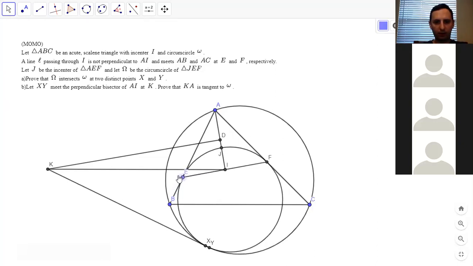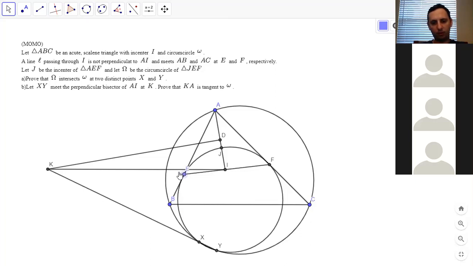So when it's perpendicular, X and Y are the same point, and then we want to show that if we move it, it becomes two points. Here it's tangent, and then we tilt things slightly.